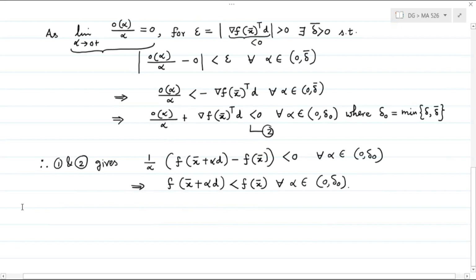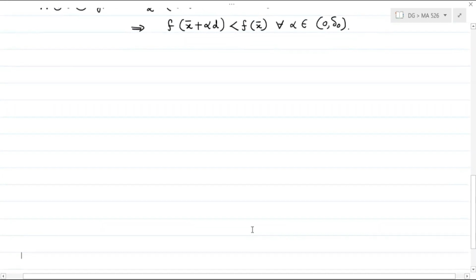Fine. Now, what if your directional derivative along the direction d is equal to 0? In that case, can we have a characterization? Yes, we have, and that is the next result, which is the second order characterization of descent direction.